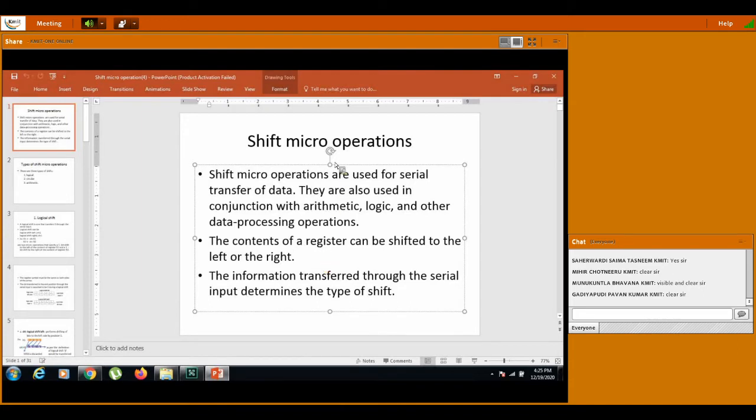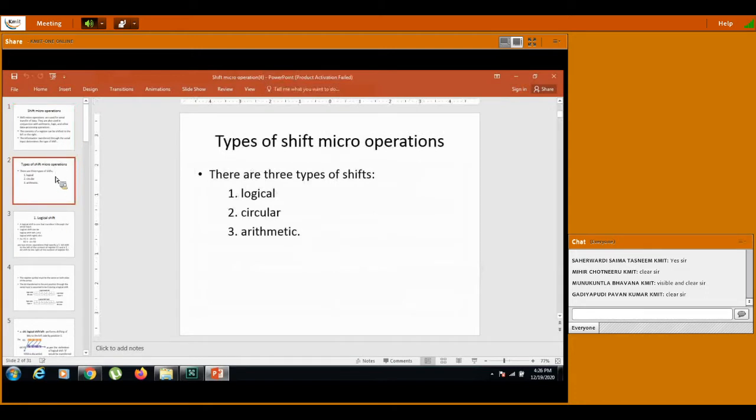The information which is transferred through the serial input determines the type of shift. So if the information shifts to the left side, it is called the left shift micro operation. If it shifts to the right side, it's called the right shift micro operation. And then again we have three types of shifts: logical, circular, and arithmetic.